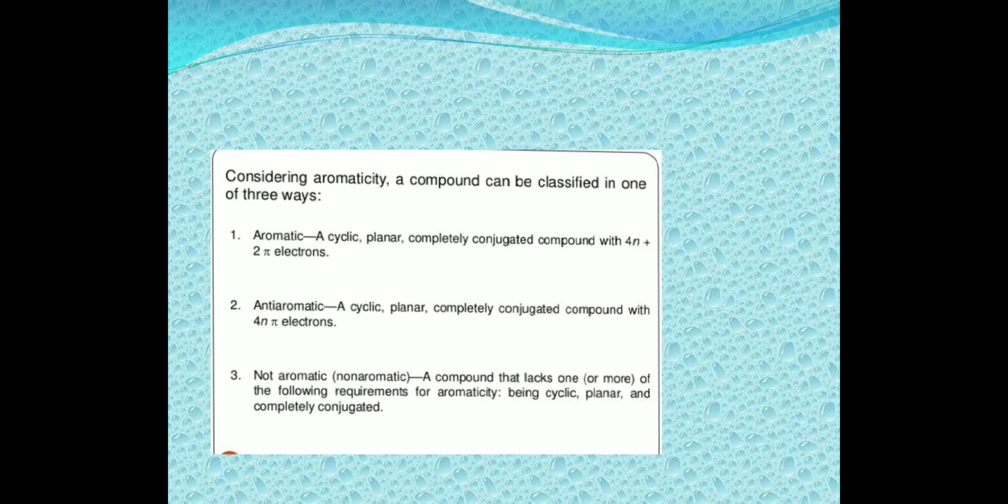If a compound is cyclic but not planar, it may be called non-aromatic. If it is cyclic, planar, but follows neither the 4n plus 2 system nor the 4n pi system, then it may also be called non-aromatic.